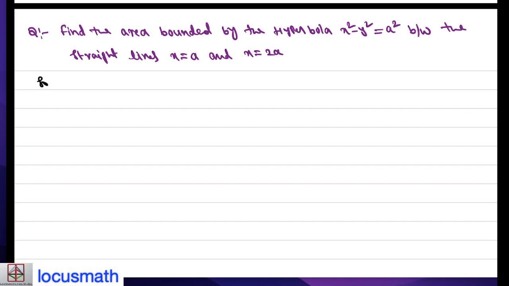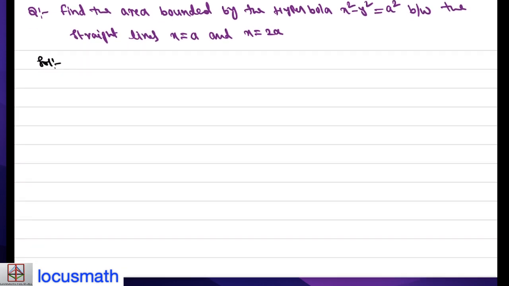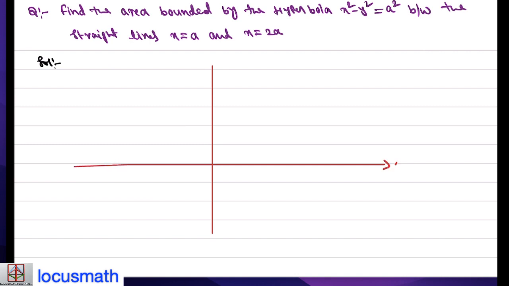Solution. First what we do is, we will draw the diagram, that is the y axis and x axis. We know this is the x square minus y square hyperbola. We know the graph already in coordinate geometry, we have seen how to draw this hyperbola. For this hyperbola, these are the asymptotes, that is y is equal to x and y is equal to minus x.